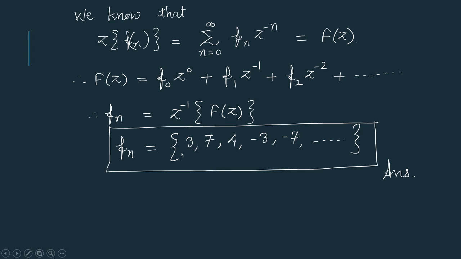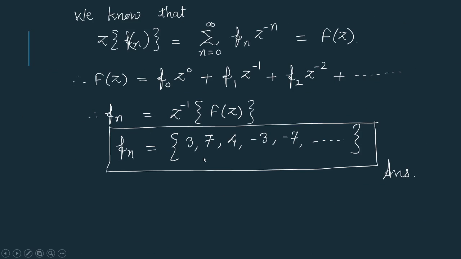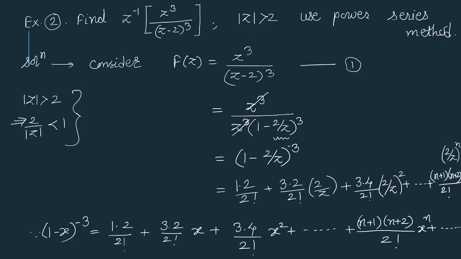Therefore, f of n, we write down this is the first term 3, that means coefficient of z to the power 0 in the equation number 2 here. 3, then 7, 4, minus 3, minus 7. We write down all these values here. This is the required answer. That means Z inverse of capital F of z, that means f of n value.